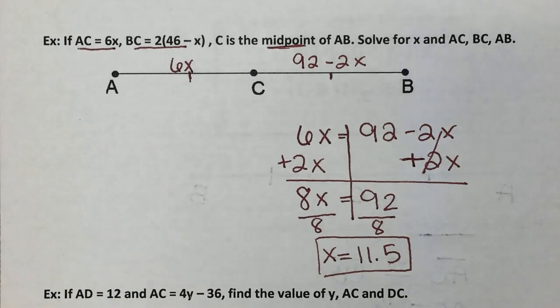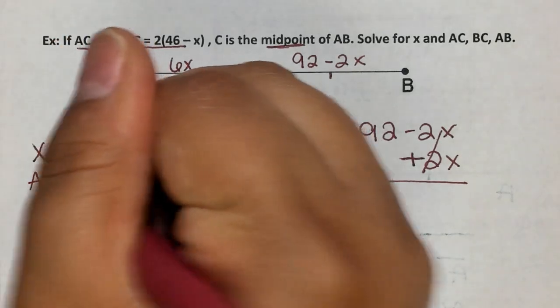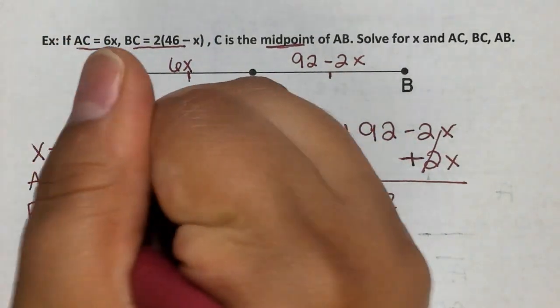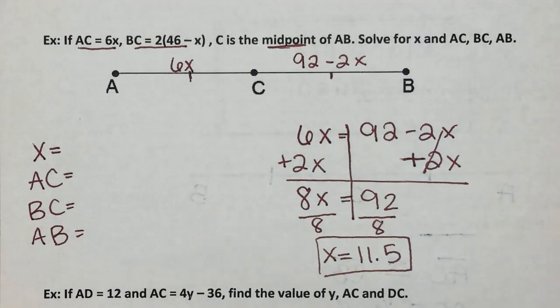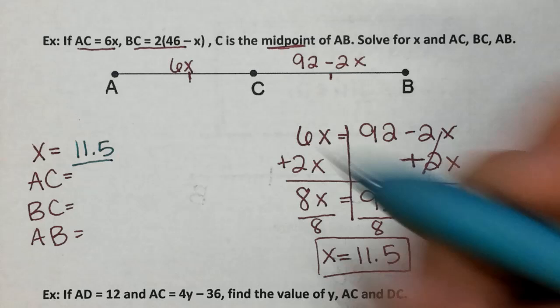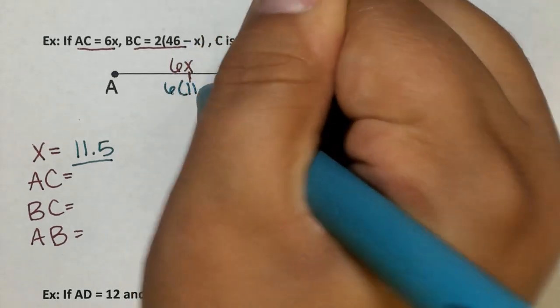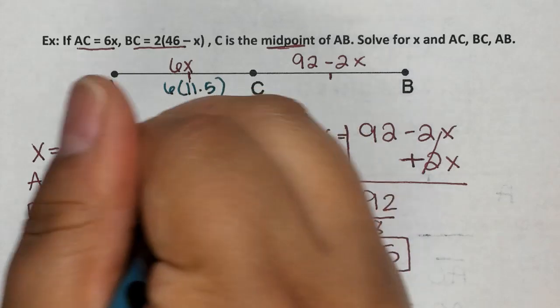And then it wanted to know what x was, what AC was, BC, and AB. Alright, so x is, we know, 11.5. AC, what is 6 times 11.5? 69.